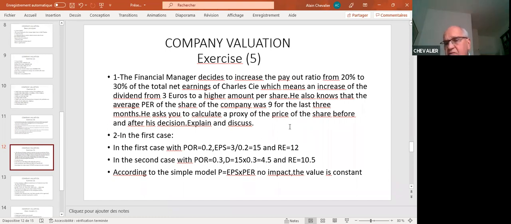So you have to be very careful. You can find models which, when you compare them, bring two different solutions.